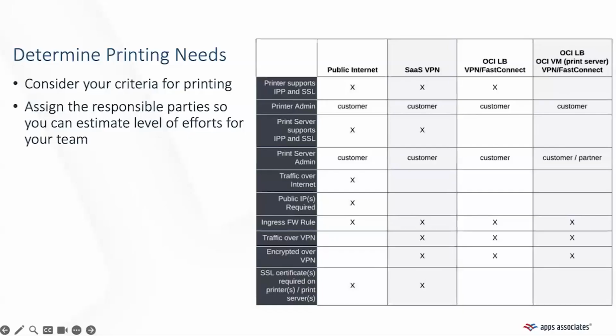Yeah. So when you are determining your printing needs, this is kind of a checklist. You can use this. This is very useful, and it is what we are using for other customers, so it will be helpful for you. Basically you have four options here: printing directly from the public internet, or you can use a VPN, or if you have some OCI already, then you can use a load balancer or FastConnect to have secure printing.